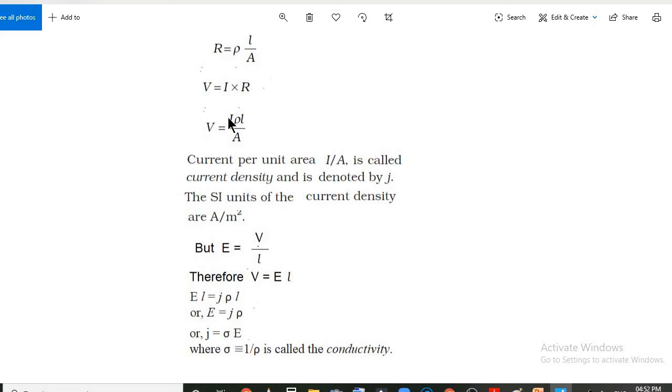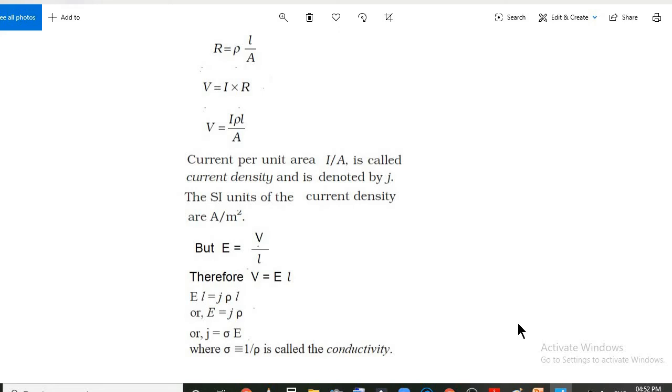Now, I by A means total current divided by total area of cross section. We know intensity of electric current is the total amount of charge crossing the cross sectional area of a conductor in a unit time. Thus, if we are considering a cross section of a wire, throughout that whole cross section the whole current is passing.